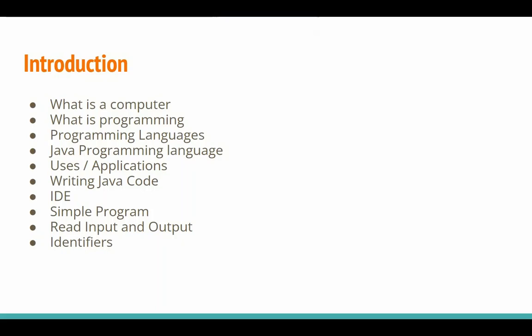So I said Java can be used in creating mobile applications. Java can be used in creating web applications. Java can be used in creating desktop applications. Java can also be used in creating a number of other applications out there.